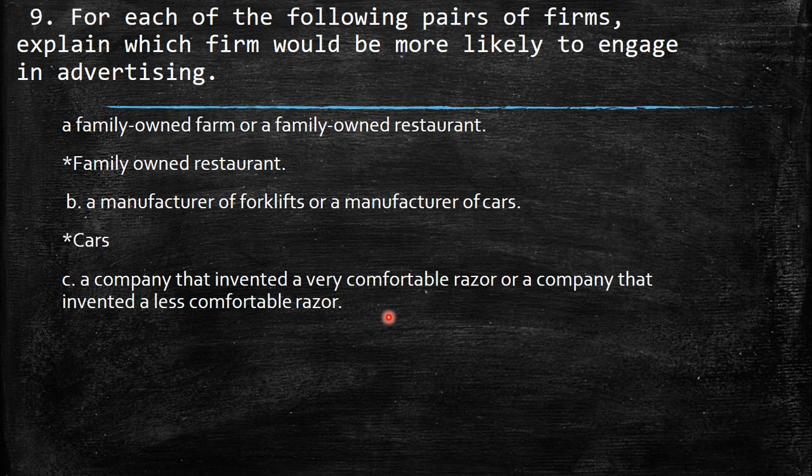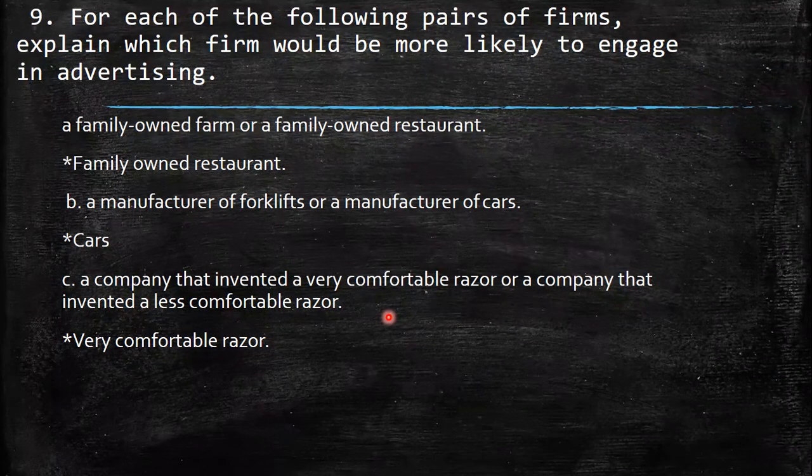A company that invented a very comfortable razor, or a company that invented a less comfortable razor. This is a very important part that is discussed throughout the chapter, because when you are on TV and you look at some product, you automatically infer in some way, okay, if they invest a lot of money in that product, it's because it should be good.